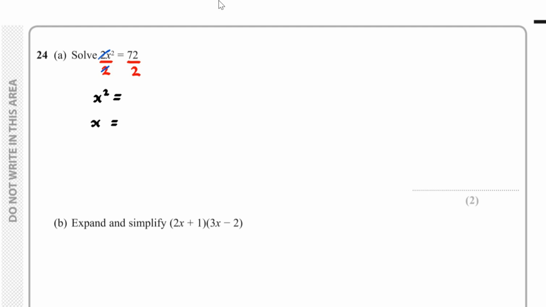So if I've got x squared equals 36, then square rooting, we will be left with x equals plus or minus 6.